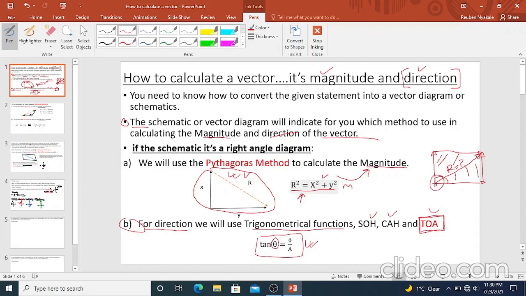You can tell that this is where I have started with my projections of the vector diagram, converting the given statement into a vector diagram. The angle that I'll be calculating is either A or B. I'm just giving you an example, but we will deal with that later on. Alright, let's move on then.